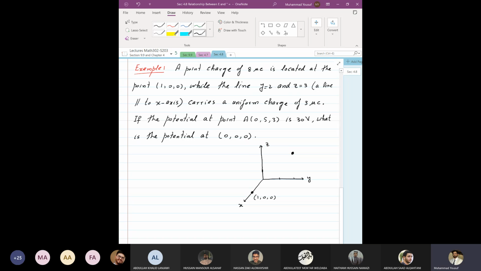And this is the line, which is parallel to the x-axis. So let me try to make a line parallel to the x-axis.